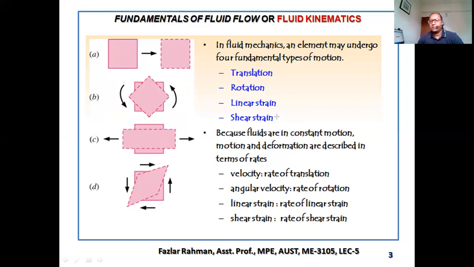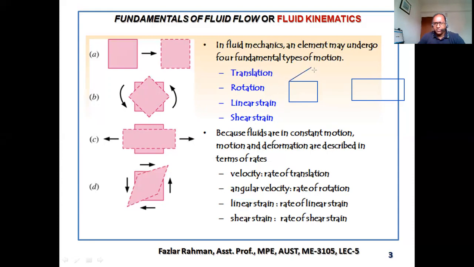Now the bottom one is called linear strain. What is linear strain? A fluid element is right over here at a certain time, and after a few moments, say 3 seconds or milliseconds, it comes from that point to this point. So what happened over here? That means its shape and dimension are changing.